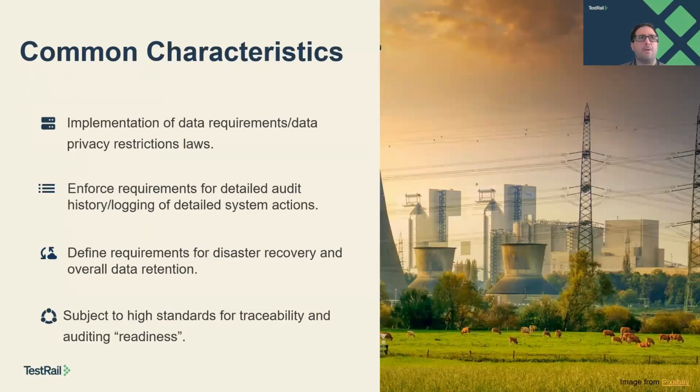So what are some common characteristics? I know I already mentioned a few of these, but some of the main things that are shared across these regulated environments put more demands on software testers, leaders, or those that are operating these business environments. One of the big things is implementation of data requirements and privacy restrictions.